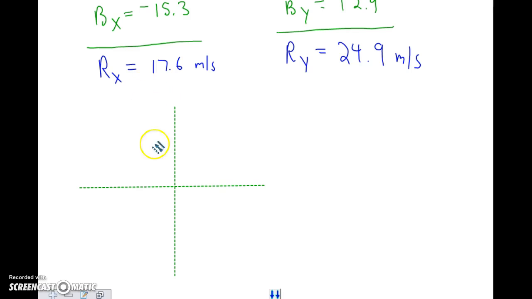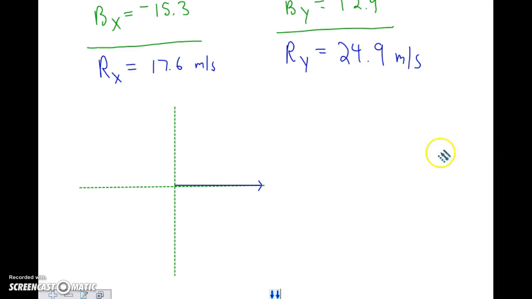Okay, very simple. This is an x component of the answer I'm seeking. If it comes out positive, then it will point to the right. So that's going to represent my Rx. Put a little arrowhead on there.